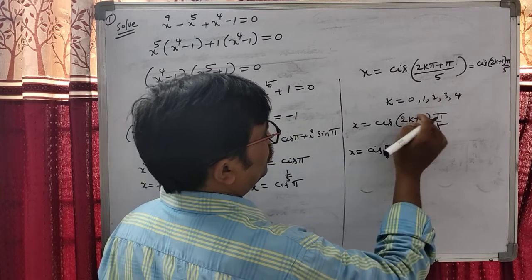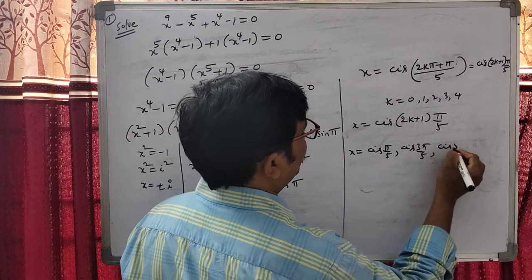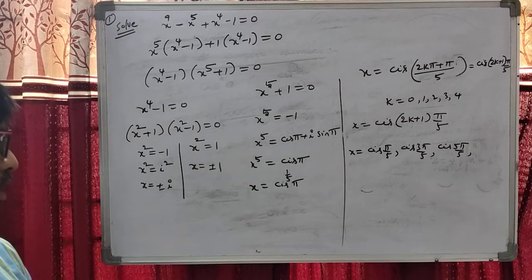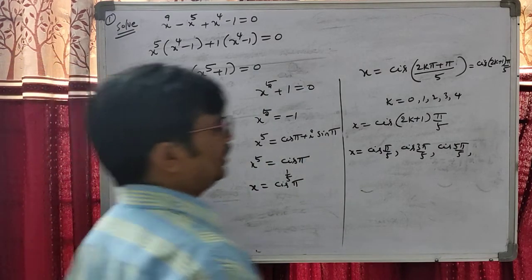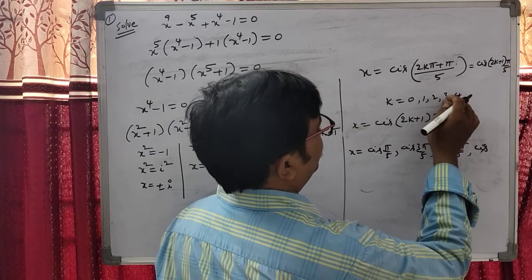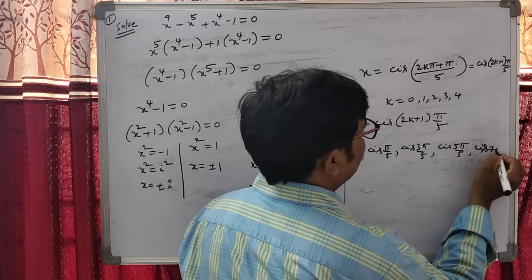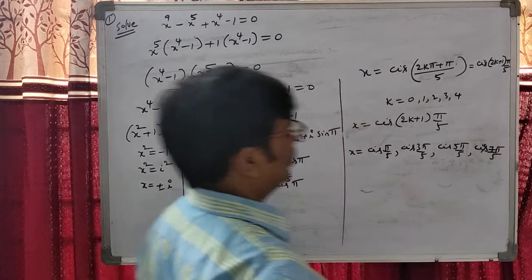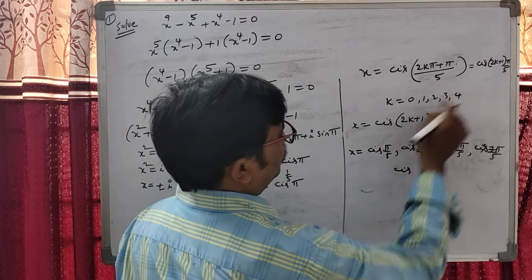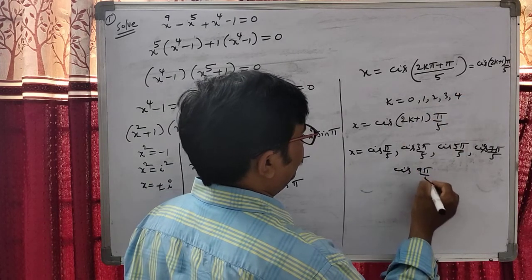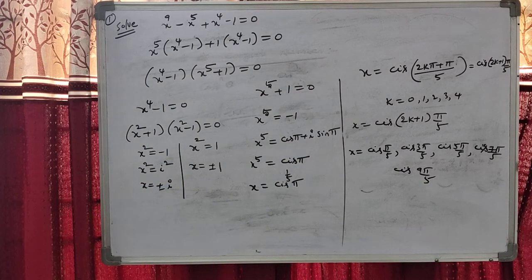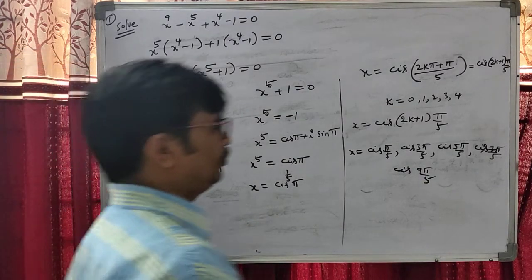For k equal to 2, that is cis of 5 pi by 5. After that, taking 3, 2 3s are 6 plus 1, that is 7 pi by 5. After that, cis of 4, 4 2s are 8 plus 1, 9 pi by 5. So the values are cis pi by 5, 3 pi by 5, 5 pi by 5, 7 pi by 5, 9 pi by 5.